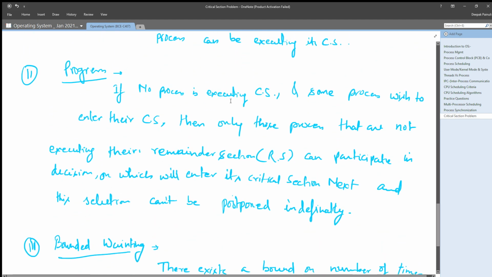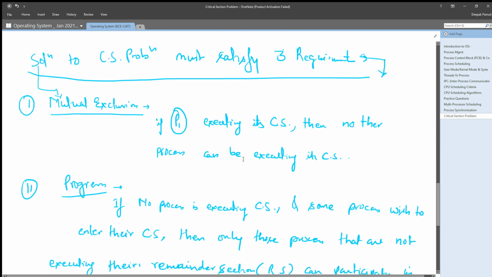So these are the three conditions which any solution to the critical section problem must satisfy, right?